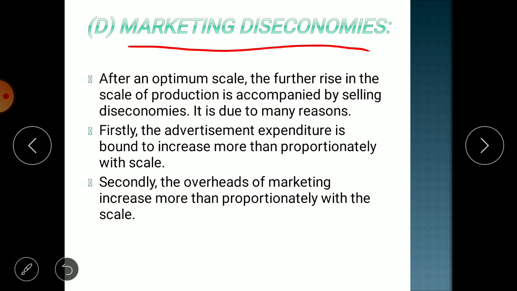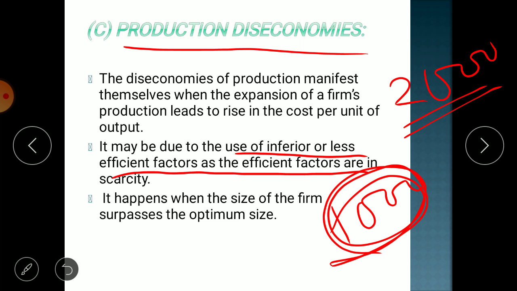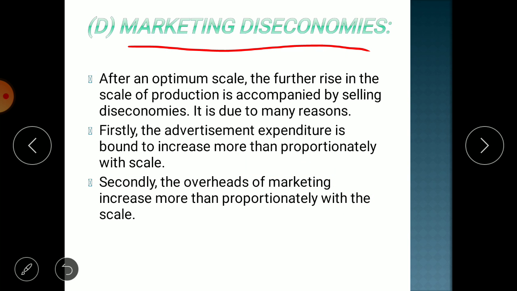One is from the production point of view, purchasing point of view, and second is from marketing point of view. But in diseconomies, we have separated both perspectives. From purchasing point of view, we have included it in the production diseconomies, where we have talked about the raw material. So now only one perspective remains in the marketing diseconomies, that is about selling only.